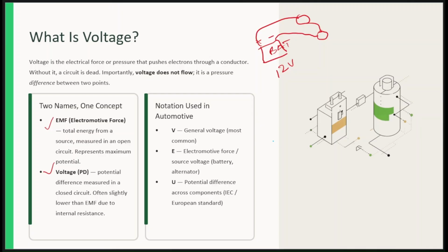And what is the difference in voltage? Voltage is between any two points. It can be between these two terminals, or between this wire or conductor, or after the first consumer, or between this and this. So what is the difference here? The EMF is the total energy produced by the battery, but voltage is the difference in potential or pressure between any two points.